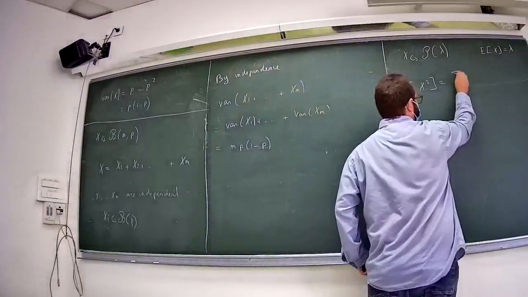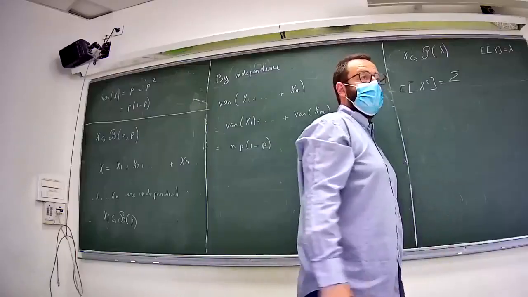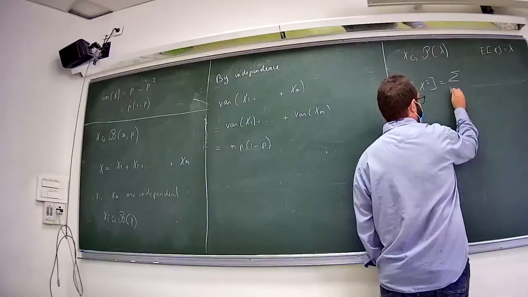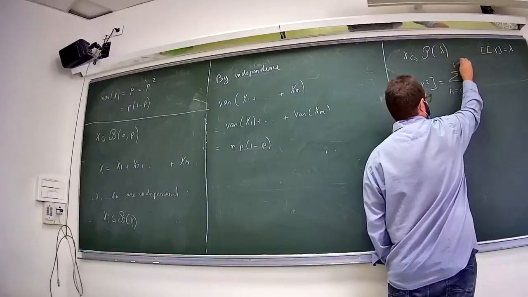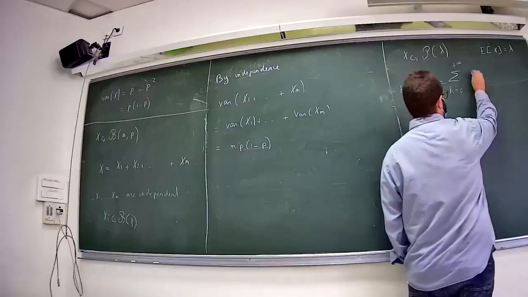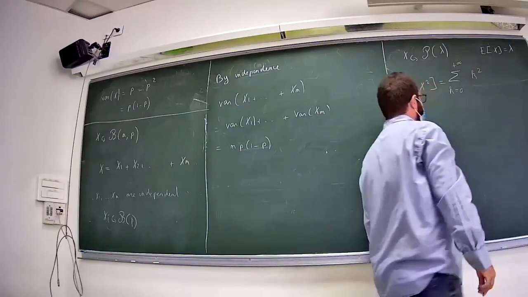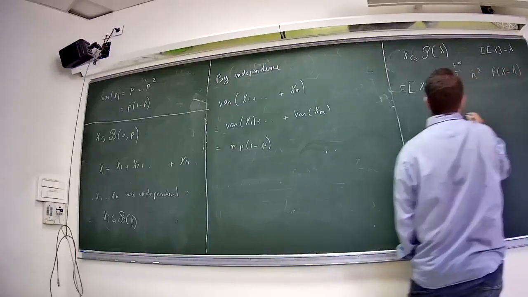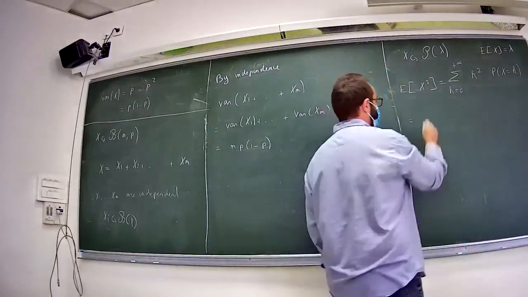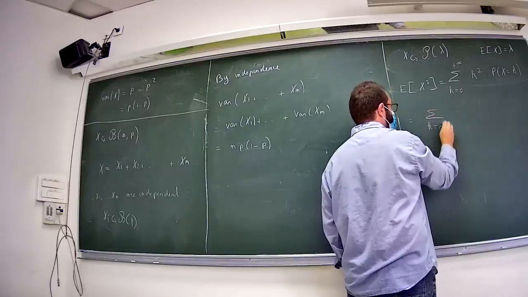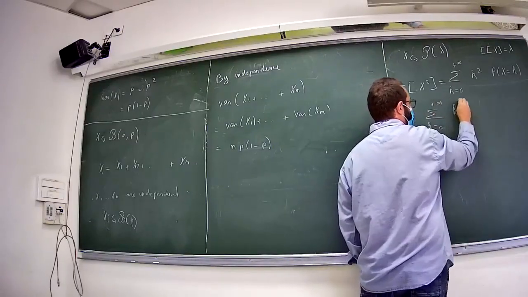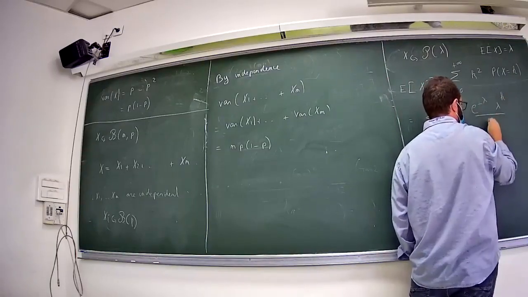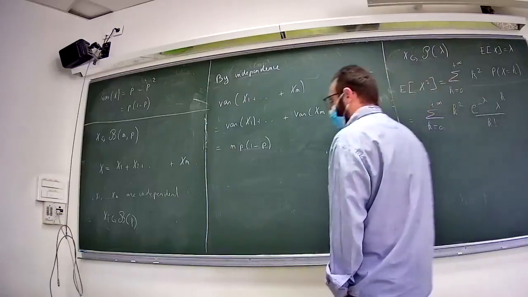The possible values for Poisson are all the integers. So it's a sum from k equal to 0 to plus infinity, k squared times the probability that x is equal to k, and by definition of a Poisson of parameter lambda, I obtain exponential minus lambda, lambda to the power k over k factorial.